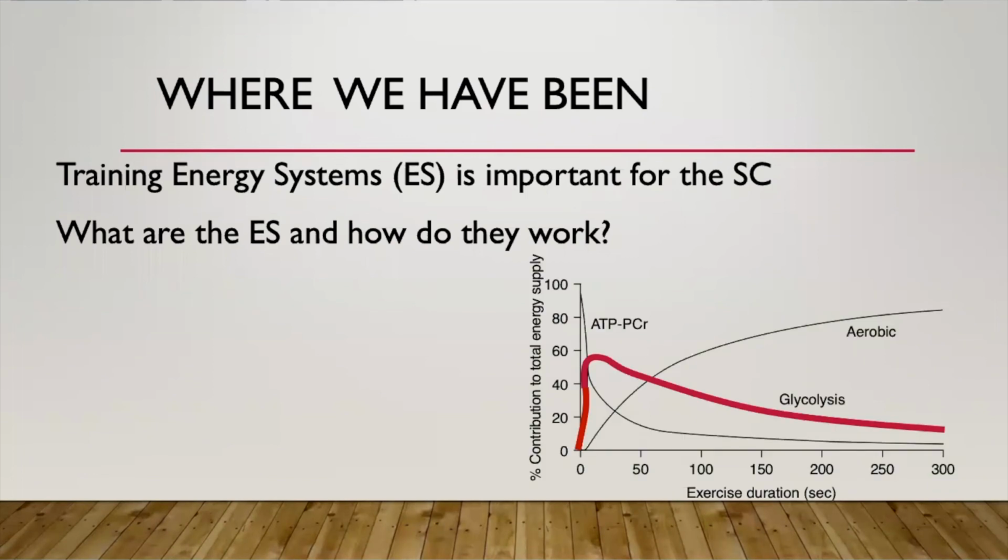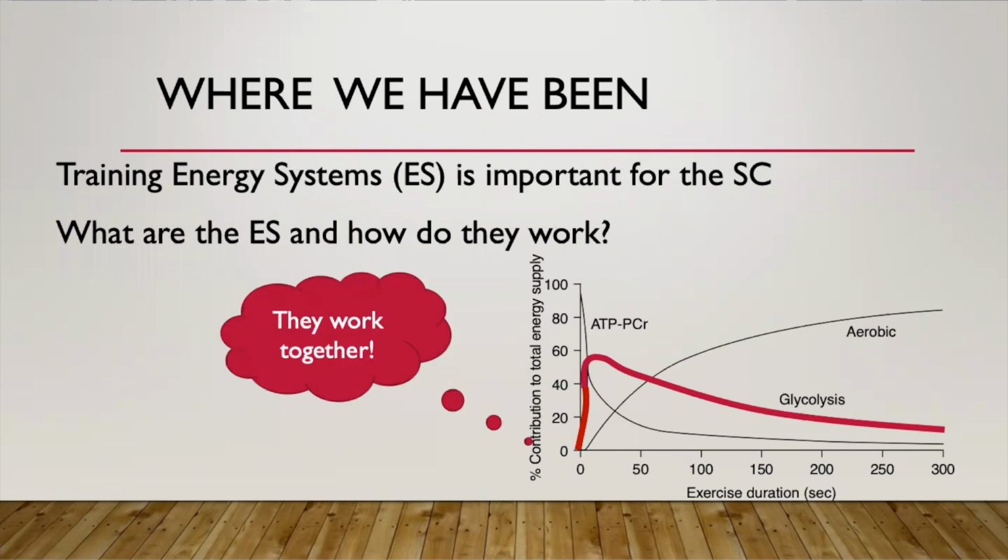We identified 3 systems: the phosphagen or ATP phosphocreatine system. We have identified fast glycolysis and slow glycolysis, sometimes called the aerobic system. But we have also noted that they work together. You're not just using one of them. One of them dominates in certain kinds of activities, but you're not just using one of them.